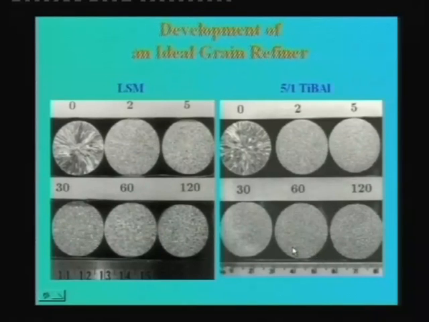Why do you need to test for long hours? Because in aluminum foundries, the way people do grain refinement is they take the liquid metal in a ladle and put the grain refiner into that ladle, and then start pouring the liquid metal from the ladle into different molds, and sometimes you may have to pour into a large number of molds.